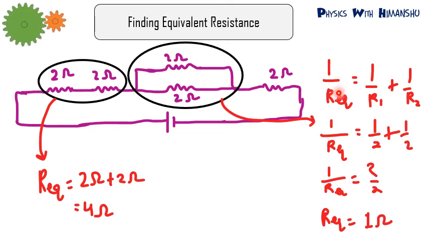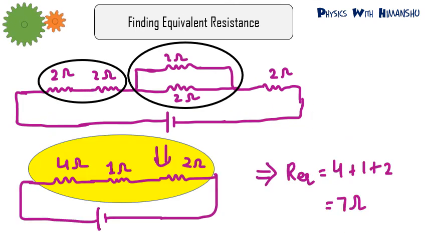For the parallel pair, 1 upon R equivalent equals 1 upon R1 plus 1 upon R2. The first resistance is 2, the second is also 2. Putting the values 2 and 2, after solving, the R equivalent comes out to be 1 ohm. So we will shorten the circuit. In place of this 2 and 2 ohm, we will put 4 ohm.